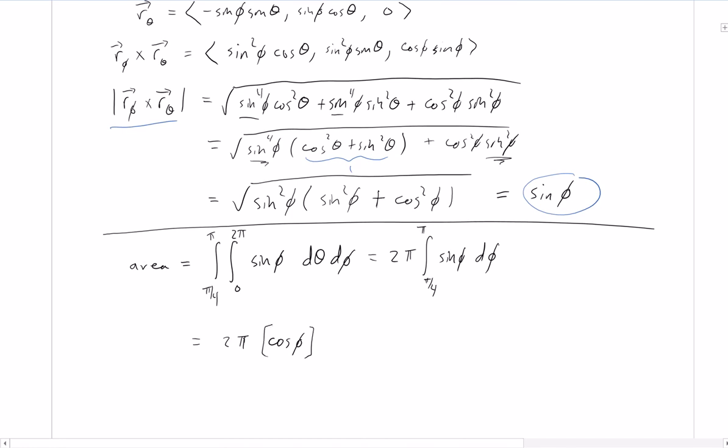But instead of putting the minus sign there, I'm just going to flip the bounds on the integral. So instead of going from pi over 4 to pi, I'll just go from pi to pi over 4. And that'll cancel the minus sign that we get.